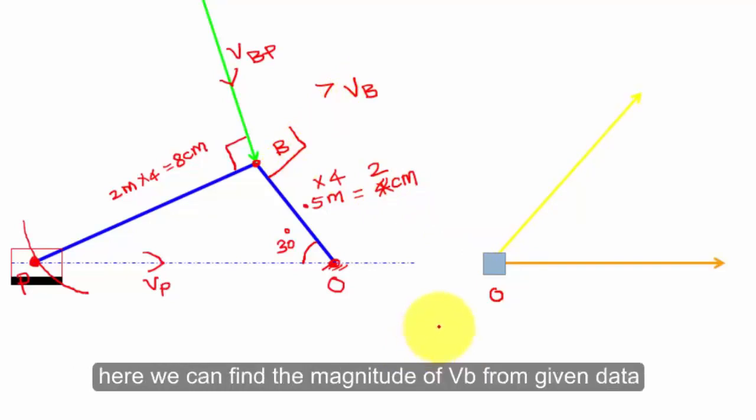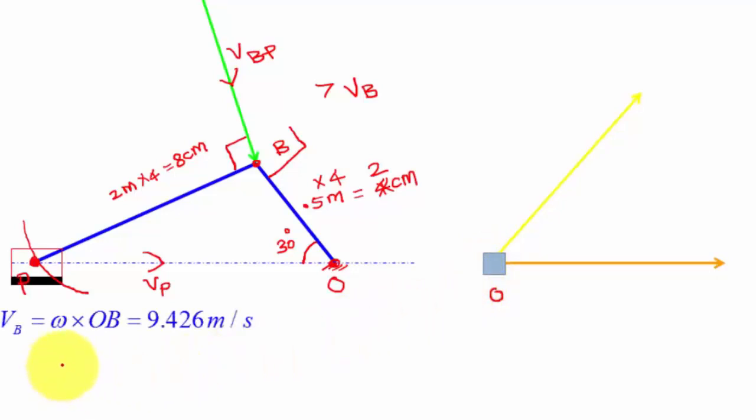Here we can find the magnitude of VB. From the given data, we know that VB equal to omega into OB. Again, omega equal to 2 pi N by 60, into OB value 0.5 meter.